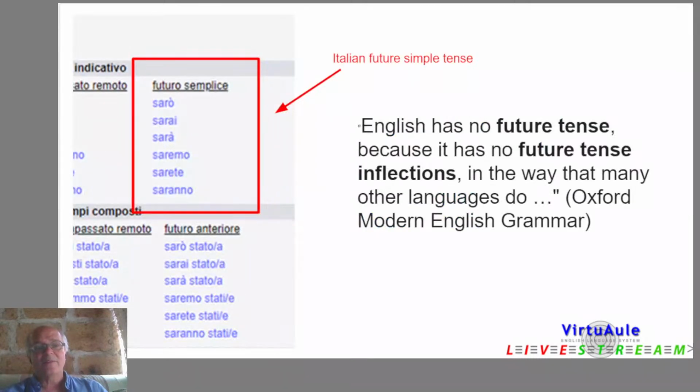Let's see here. Now we have really what I was saying. English has no future tense. Okay, this on the left is the Italian future simple tense. You see that this language, like many Latin languages, has an inflection.